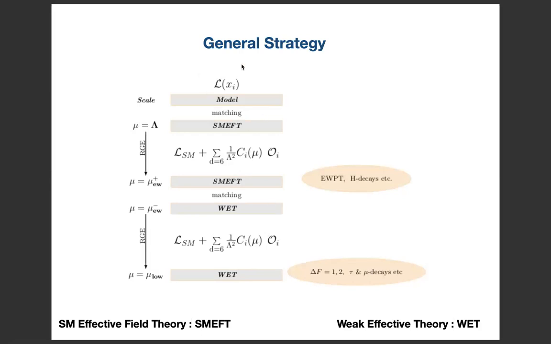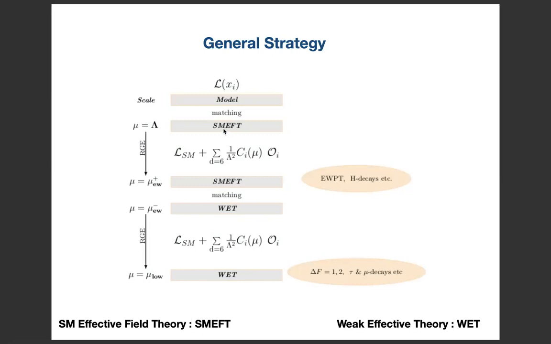We have a new physics model at some high scale, let's say lambda. We can match this model to SMEFT, and it gives us some number of higher dimensional operators, which of course depend on the model.